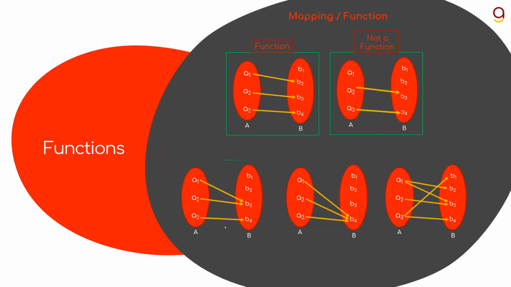In the next arrow diagram, A1 has a unique image B3, A2 has a unique image B3 and A3 has a unique image B4. Thus, each element of A has a unique image in B. Therefore, the given arrow diagram represents a function.